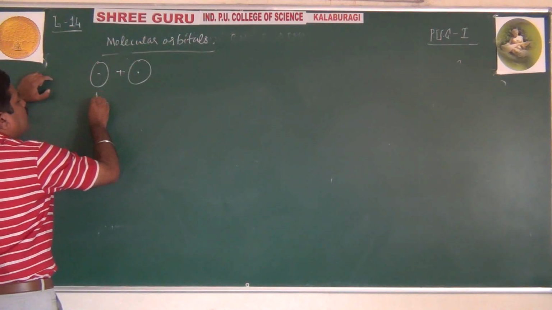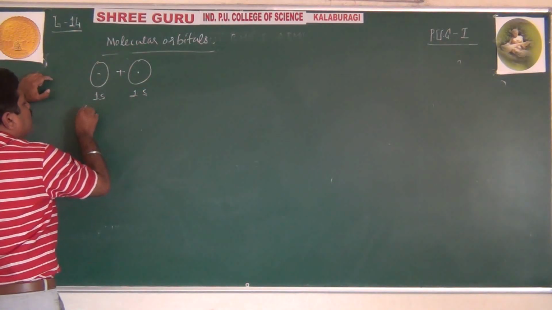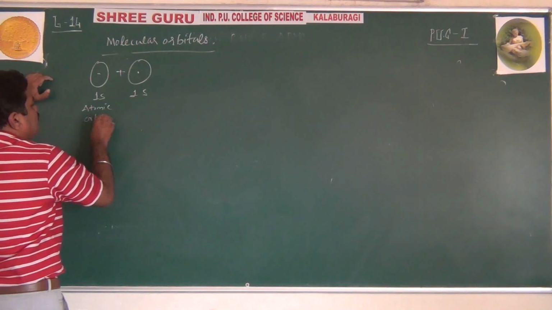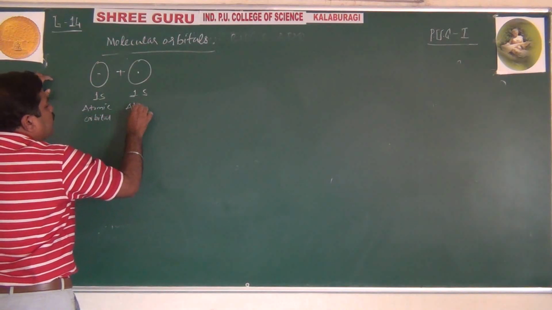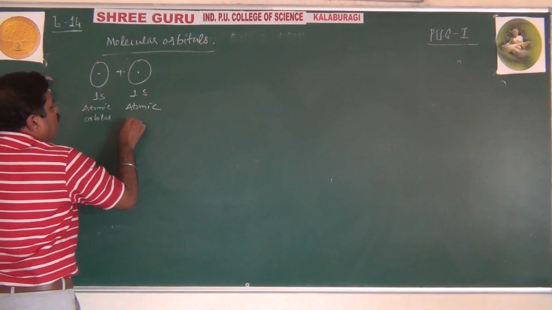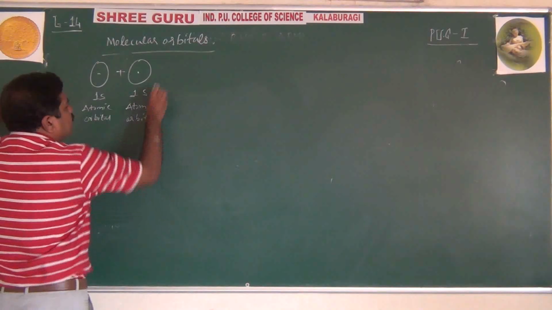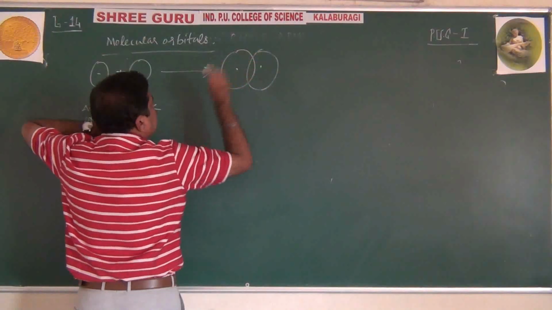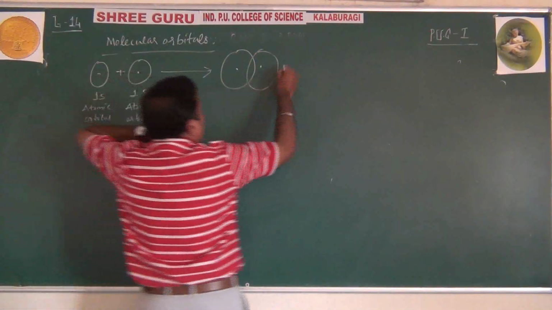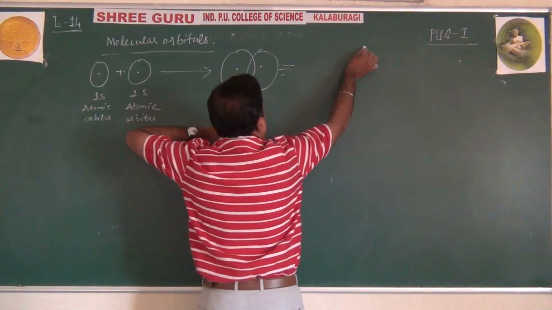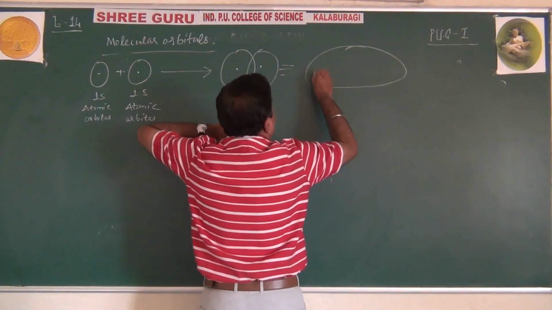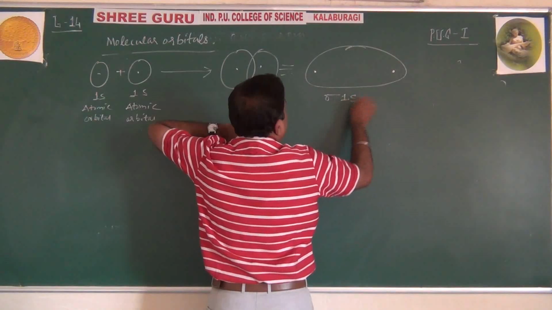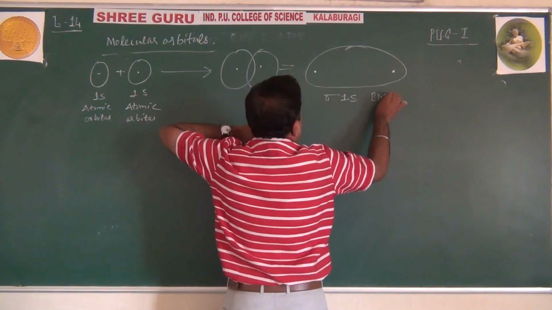This is 1s atomic orbital, 1s atomic orbital. Now see, overlap along internuclear axis, and it will form sigma like this. This is sigma 1s bonding molecular orbital.